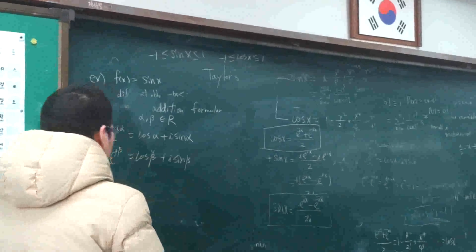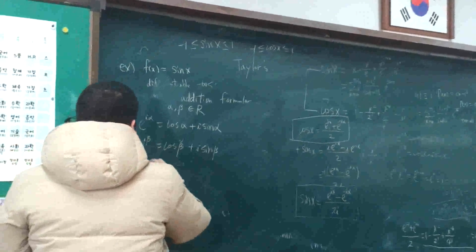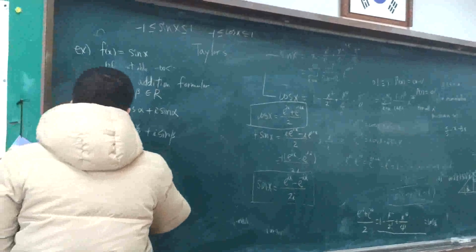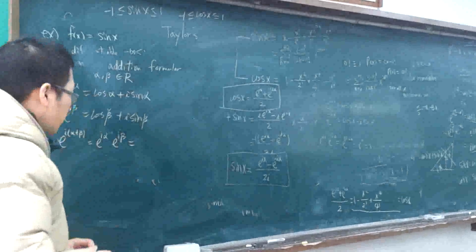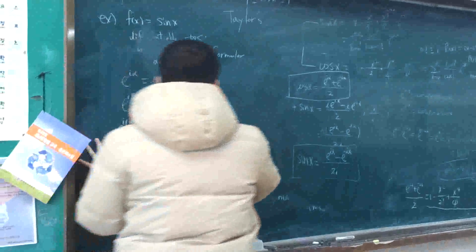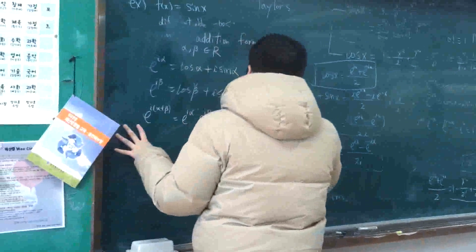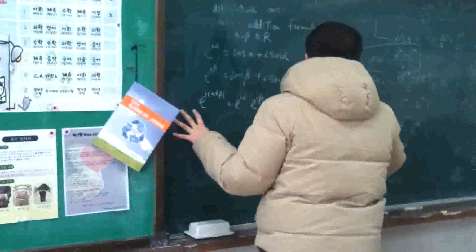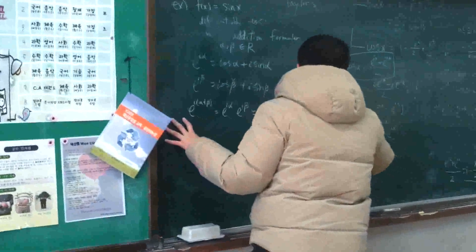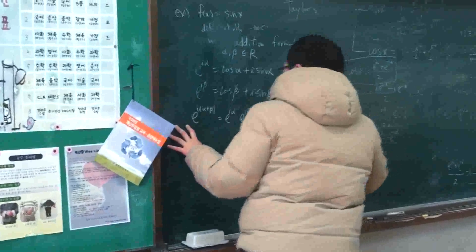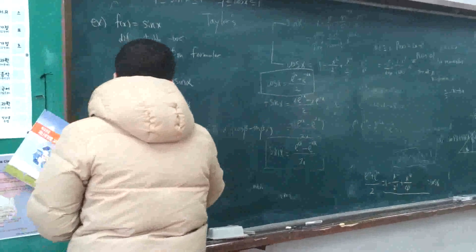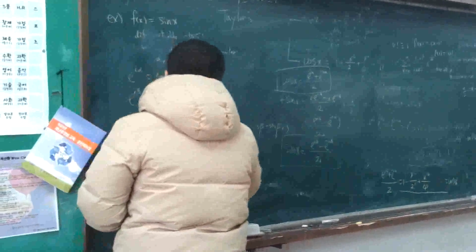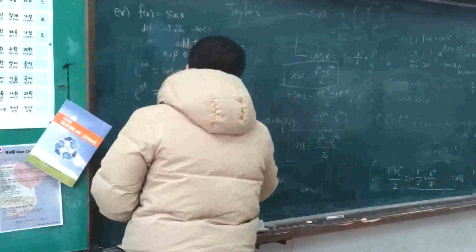Let's consider this term, e^{i(alpha+beta)}. This is the exponentiation rule, and you can just multiply them. It equals cos(alpha plus beta) plus i sin(alpha plus beta).